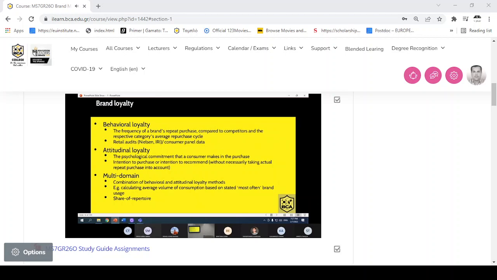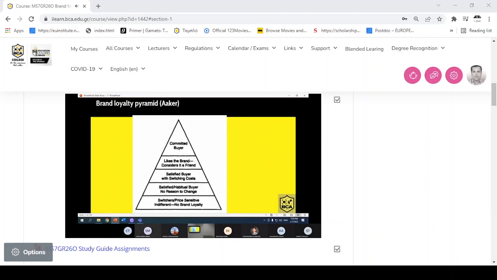In this way, the attitudinal loyalty part, which is those who said they consume your brand most often in a category, will be combined with actual purchase terms based on what they stated as the average consumption in volume terms. For example, how many glasses of this beer do you consume per month, and which brand do you drink most often. You combine this in a pivot table, a typical breakdown, by assuming the first as the basis for calculating the answer to the second.